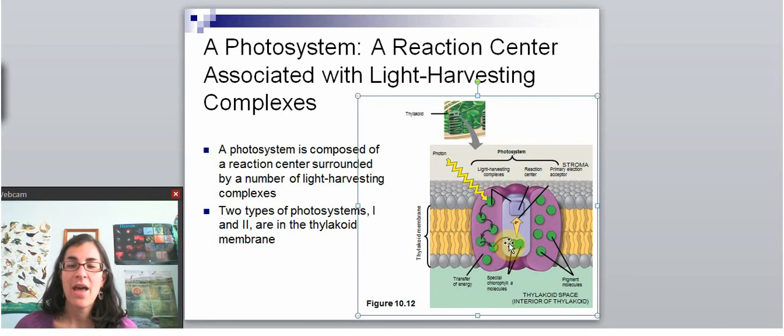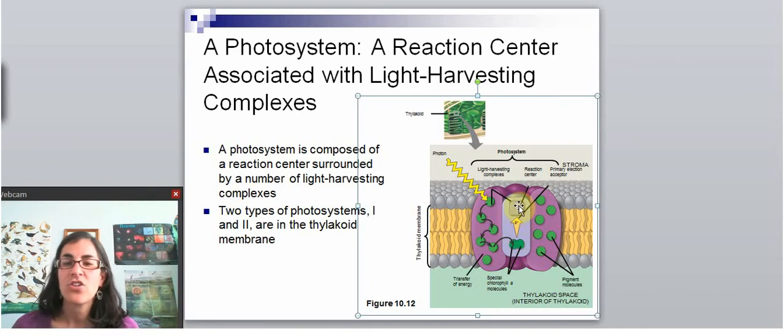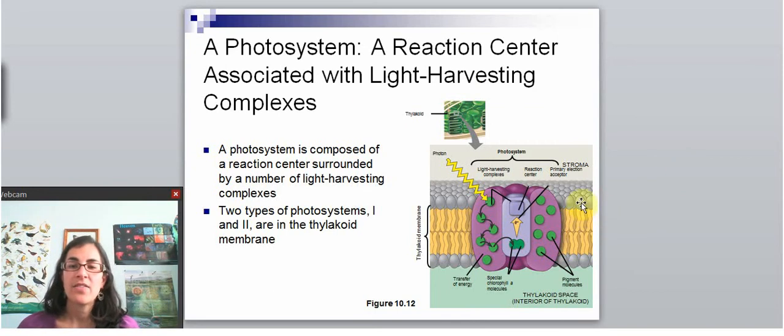When that energy is passed to the chlorophyll in the reaction center, you get an excited electron. So that little arrow is the electron getting bounced up to that excited state, and then that electron is taken away by a primary electron acceptor. Again, these are embedded in the thylakoid membrane, and there's two types, photosystem 1 and photosystem 2.